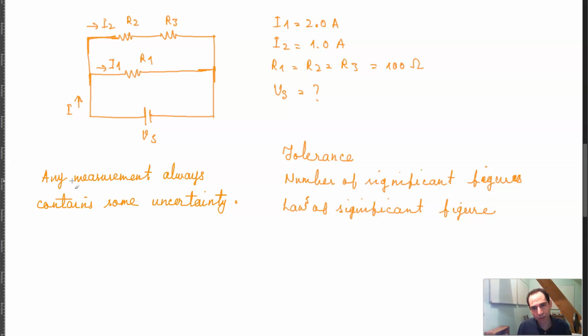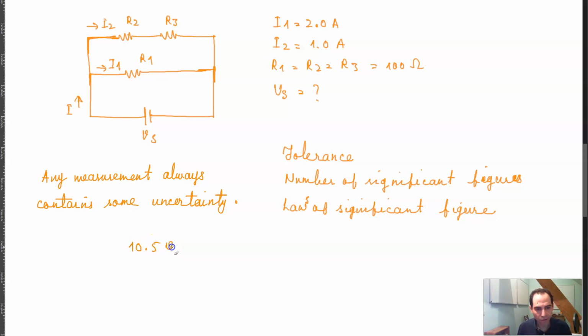So you could say that this meter has 5% error or 5% uncertainty, meaning that any measurement you make with this multimeter has at least 5% uncertainty.